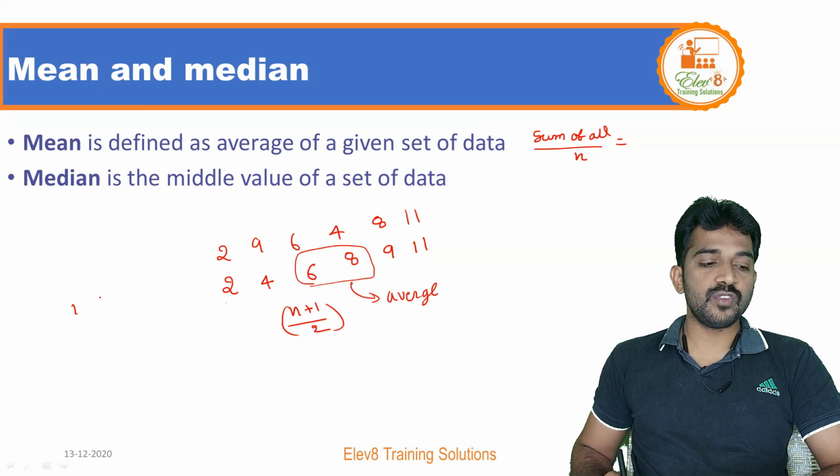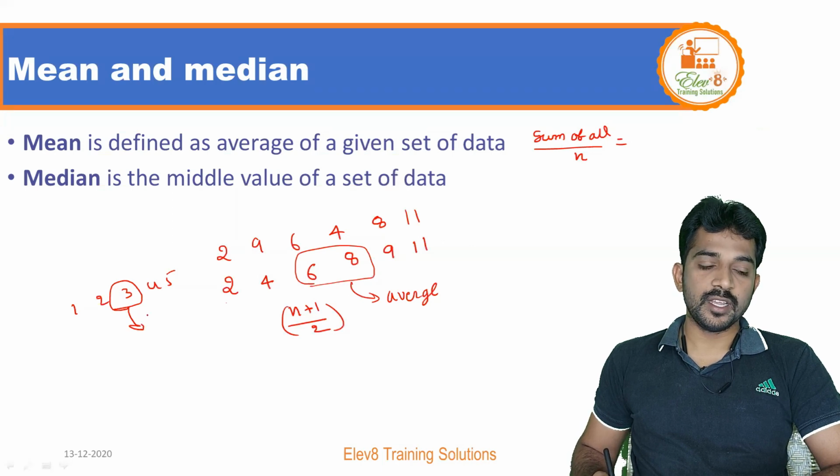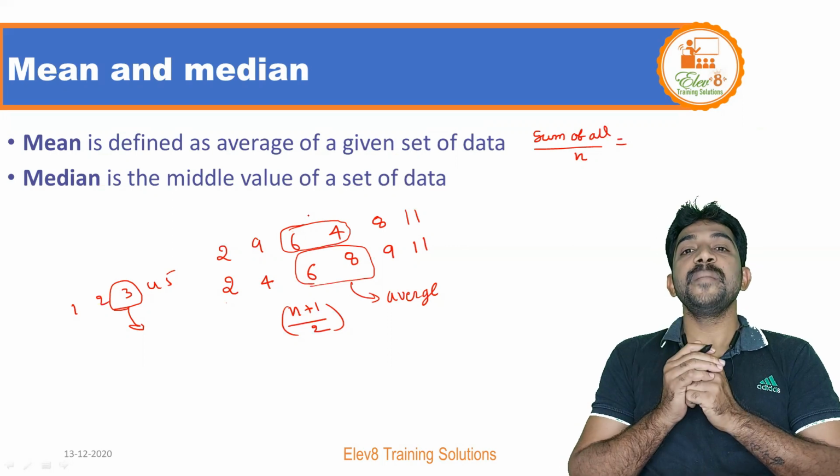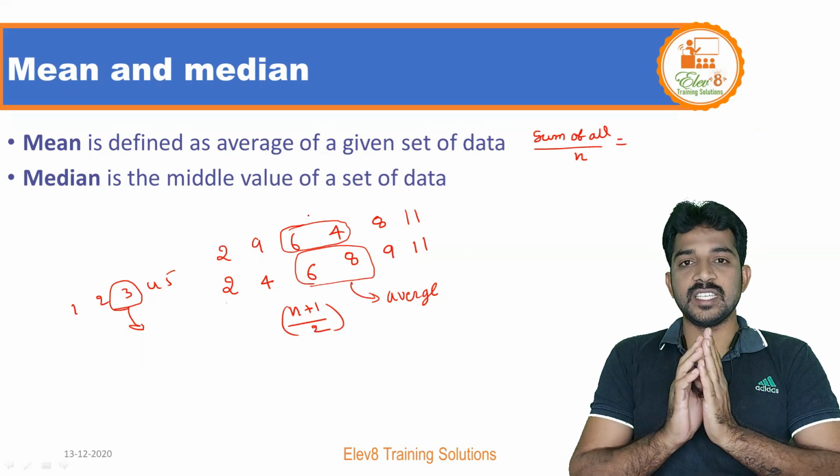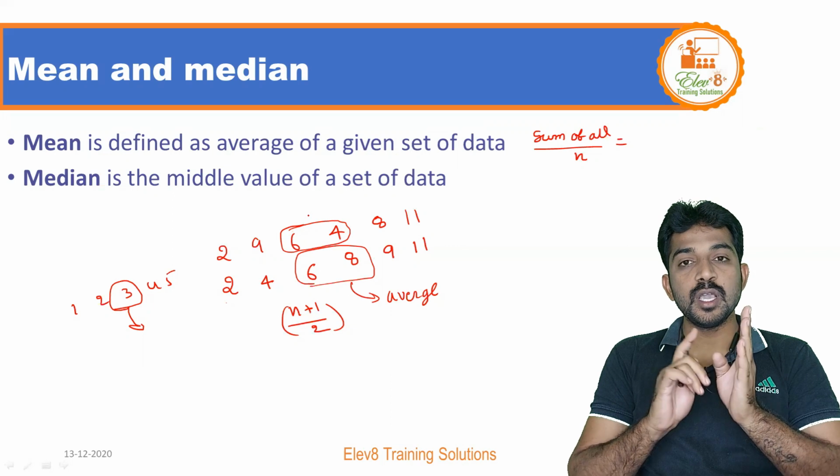For example, consider 1, 2, 3, 4, 5. The series is odd, so you simply take the middle value as your median. For an even series, you pick the middle two numbers and find their average, and that is the median of the given series. This is the difference between the mean and median.